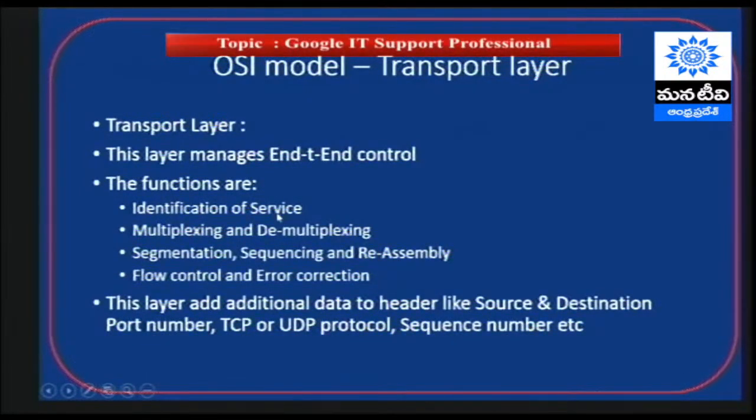Identification of service. The transport layer should be able to identify which service is being used. Are we using the web service? Are we using the email service? Are we using the DNS service? Are we using the DHCP service?